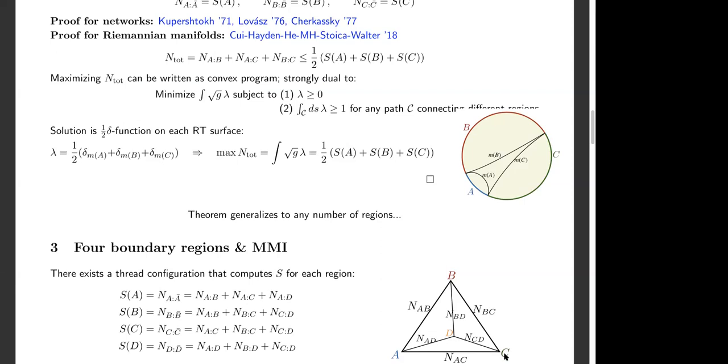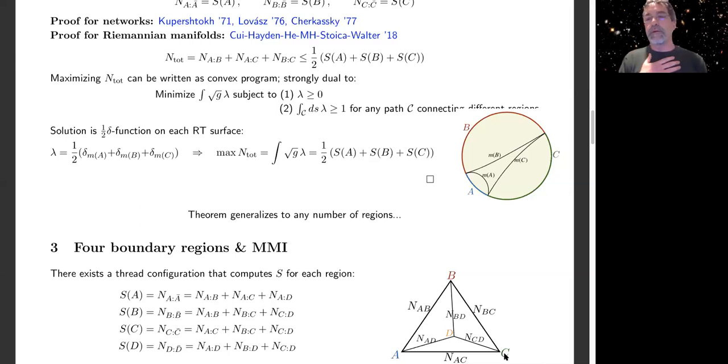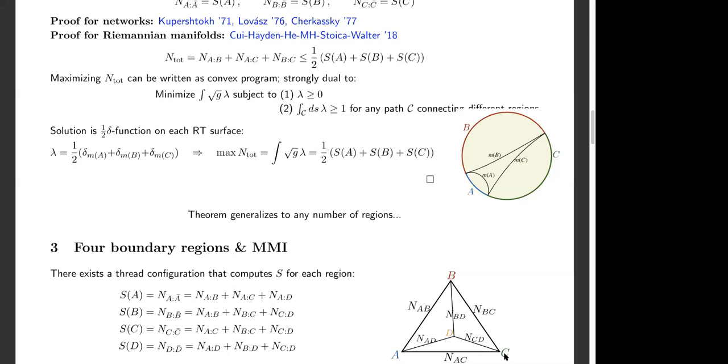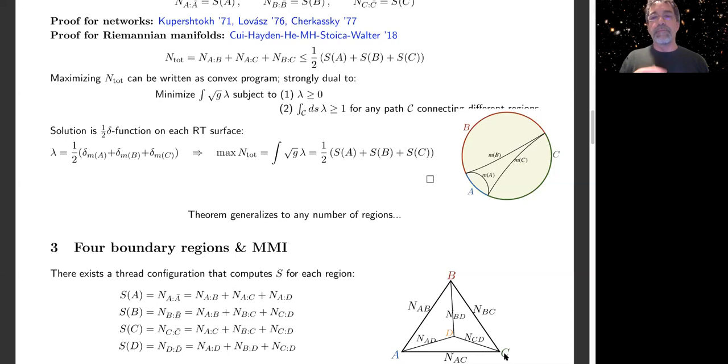Matt: Yeah, I'm not following something here. If you have a half times the delta function on the minimal surface of A, then why isn't the integral from A to C a half? Because you have to go through 2 barriers. Oh, I see. Good, thanks. Yeah, thank you, I should have said that.